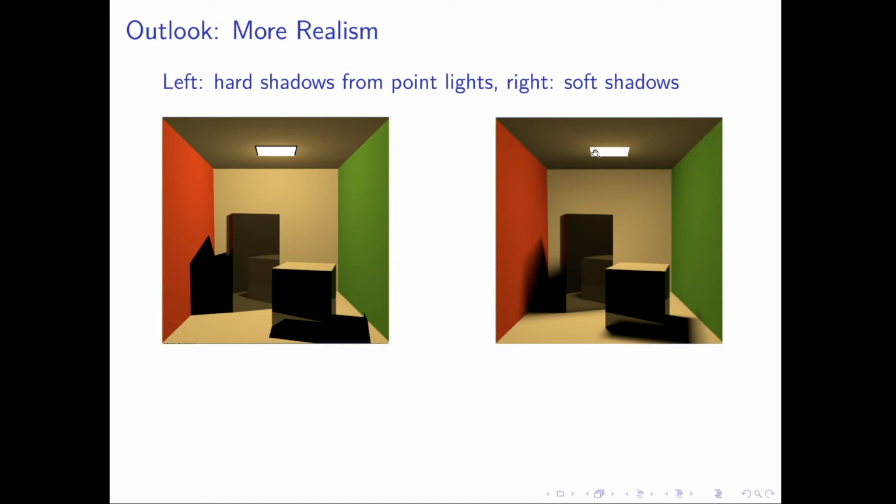Whenever I'm at a certain point here in space, at a hit point, instead of shooting only one ray towards the light source, as I'm doing here in the image on the left, you can see in the image on the right how I use more rays and how I use area light sources in order to compute soft shadows, and you can also see how that increases image fidelity, right?